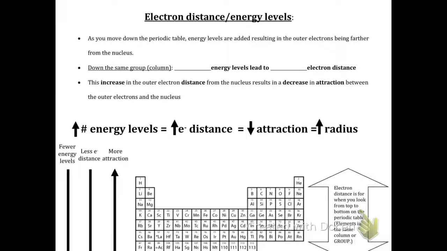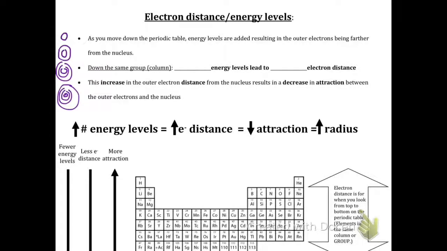The next influence that affects our periodic trends is the electron distance, which is influenced by how many energy levels you have. When you go down the periodic table, energy levels are added, resulting in the outer electrons being further away from the nucleus. You first start out with 1 level, then 2 levels, then 3 levels, and look how much bigger we are getting every time we add an extra level.